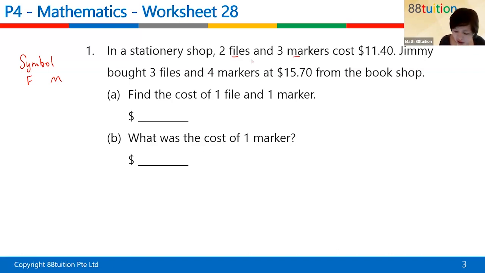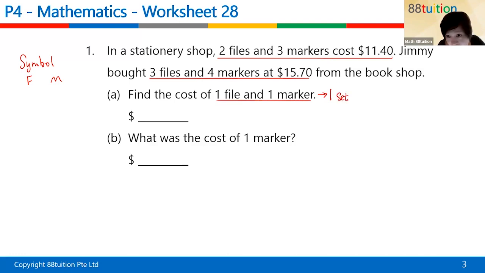He mentioned here 2 files and 3 markers will cost this much money. For Jimmy, what he buys here is 3 files and 4 markers from the same bookshop. So find the cost of 1 file and 1 marker. Can I say that 1 file and 1 marker is considered a package called 1 set?